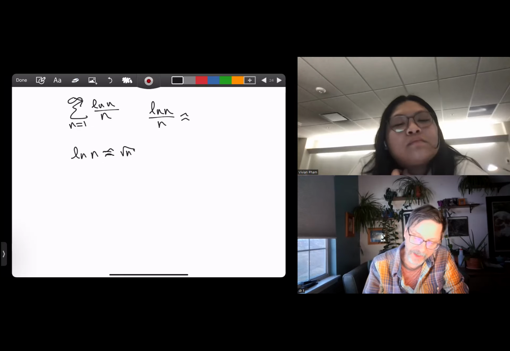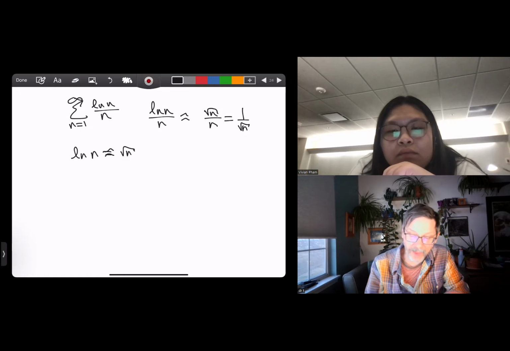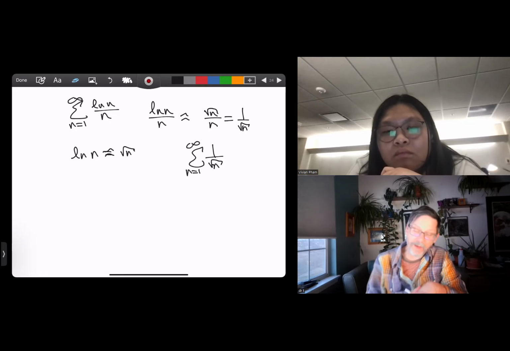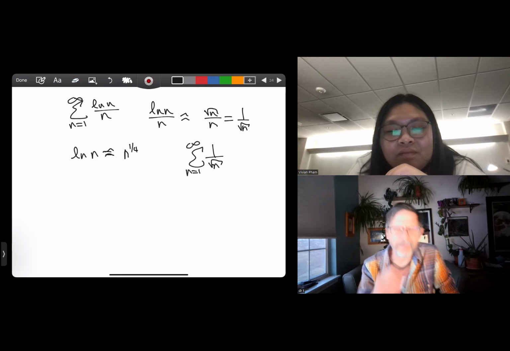So we could compare this to like square root of n over n, in other words, 1 over square root of n. That would be our comparison series, at least something worth trying. And that diverges. So the original, I think, also diverges. But this problem is tricky in that we have to be a little more clever and use something like n to the 1/4 or something like that.